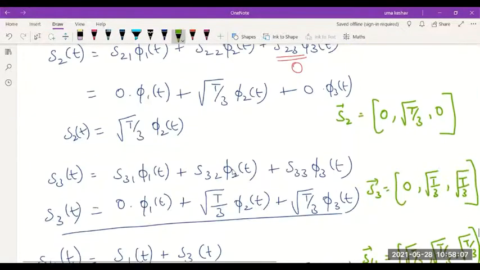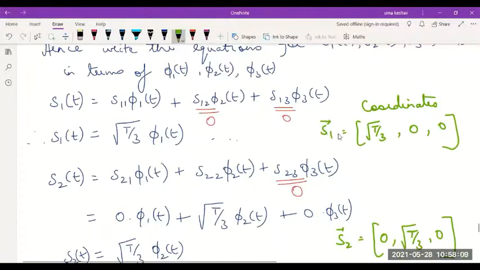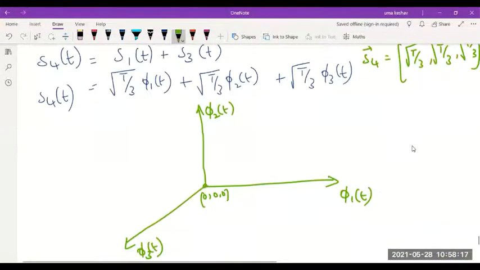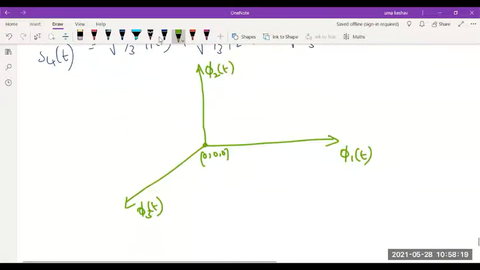Now I have to find the signal vectors S1, S2, S3 and S4. Let's see the vector S1. It has only a length in phi 1 axis and 0, 0 in the other. So how do I write that point? This point will have a length root t by 3 only along this axis, and it is 0 in the other two axes.